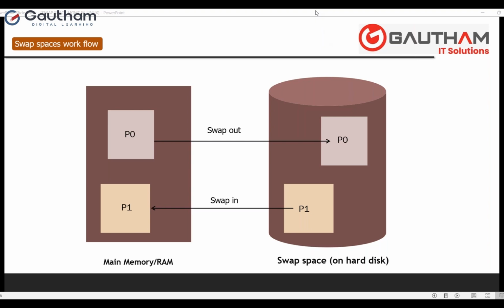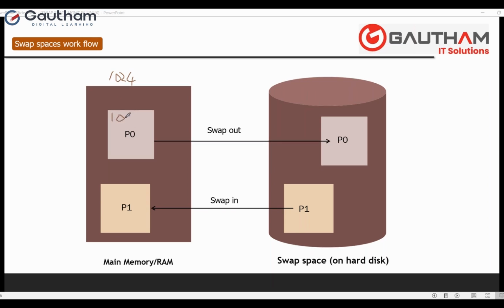As I told you, you are having a RAM. Let us say the size of the RAM is 1 GB, 1024 MB, for example. Now, in this 1024 MB, let us say 1000 MB is already utilized by different sets of processes.